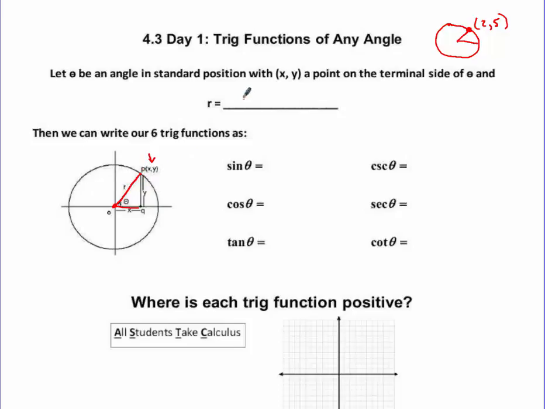We find that quickly using the Pythagorean theorem: x squared plus y squared equals r squared can translate to r equals the square root of x squared plus y squared.